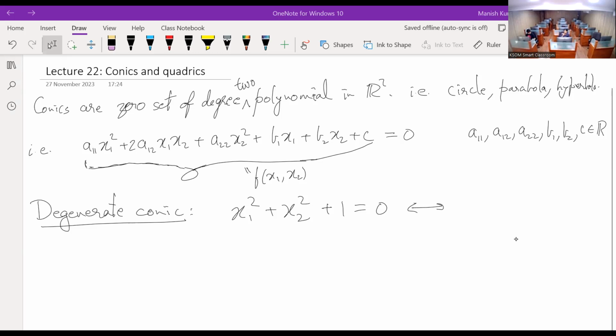So the graph will be? Come on, guys. I think it's complex. There can't be any point, so it's the empty set.